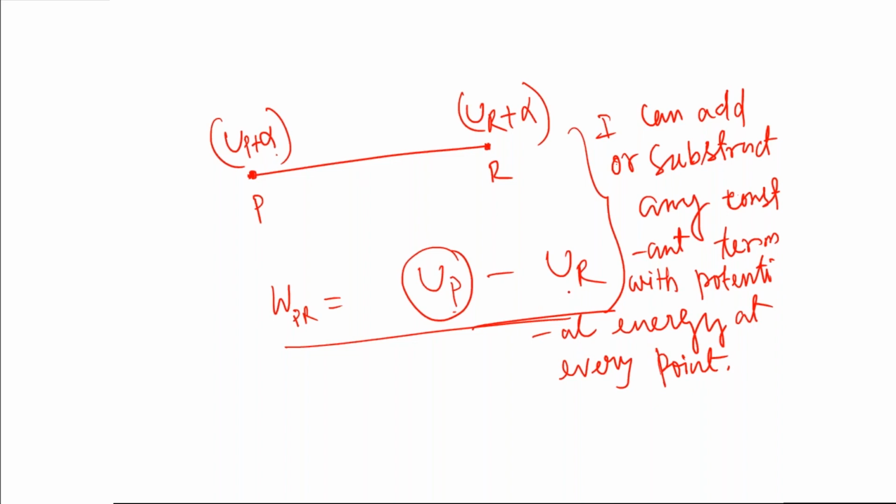When I take the difference, ultimately what I get is the difference in the potential, which is equal to the work done in bringing the charge from one point to another. See here, UP plus alpha minus UR minus alpha, so the two alphas go off, and you ultimately get this.